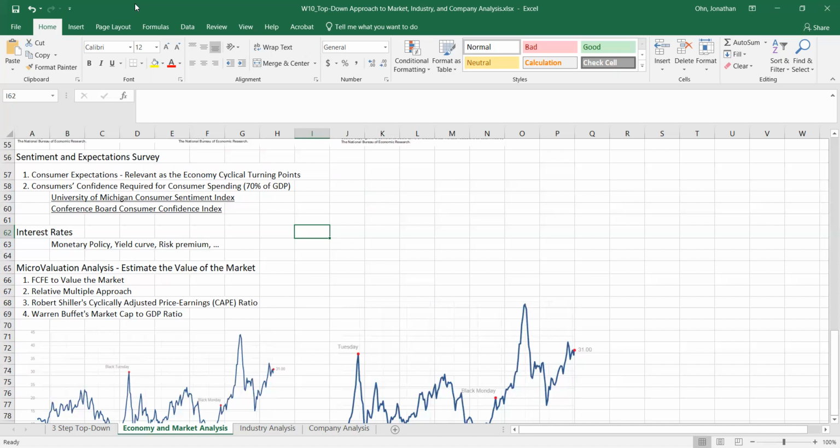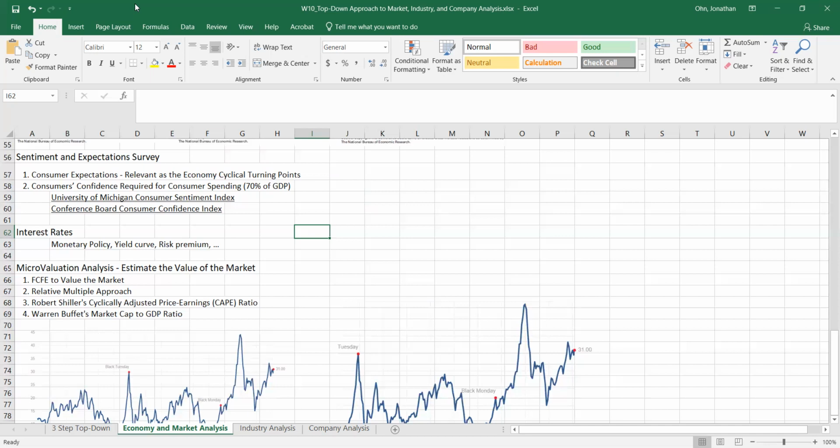So a series of consumer expectations is measured by this database. That's my favorite one, and I use that data set often for my research. And the Conference Board Consumer Confidence Index is by the Federal Reserve Bank of Philadelphia and somewhere else. So consumer sentiment and confidence expectation surveys are important.